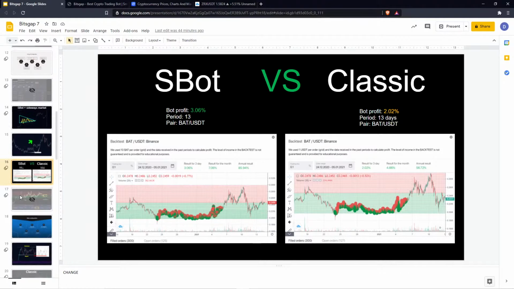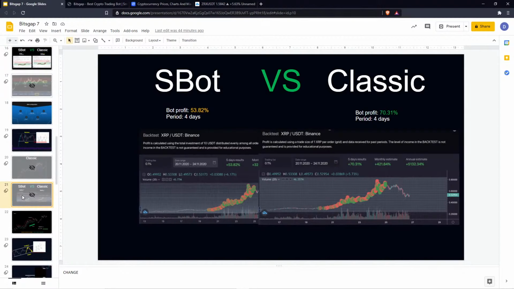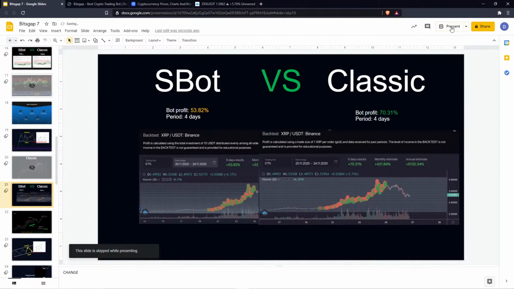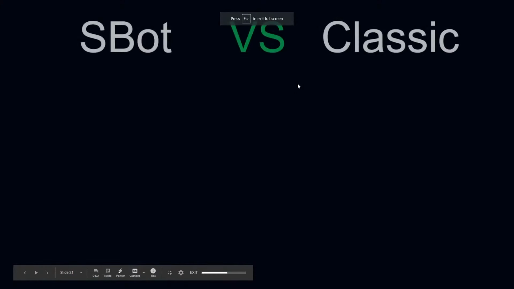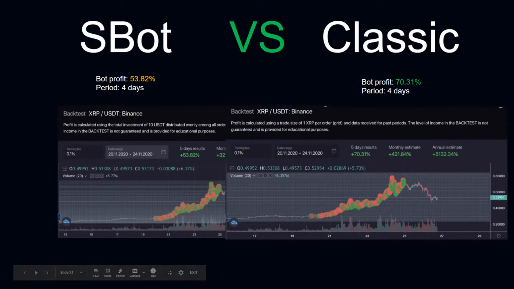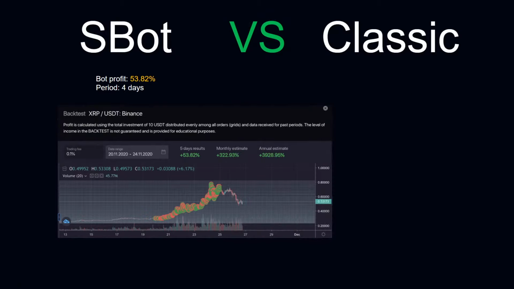Whereas in case of the rising market, what you will see is that the classic bot significantly outstrips the SBot because, as I said earlier, when the price goes higher, it increases your risk exposure. Whereas SBot always spends the same amount of investment.